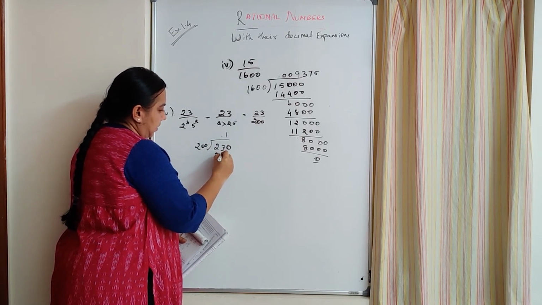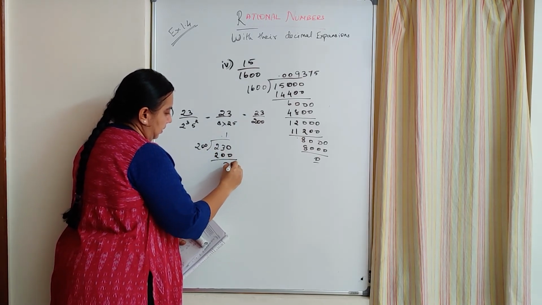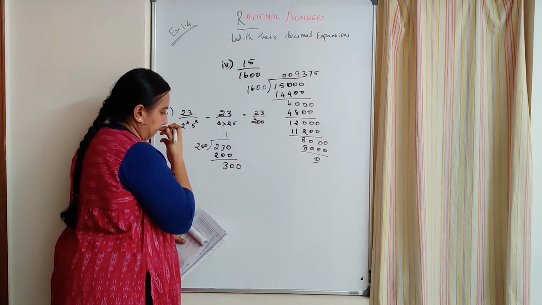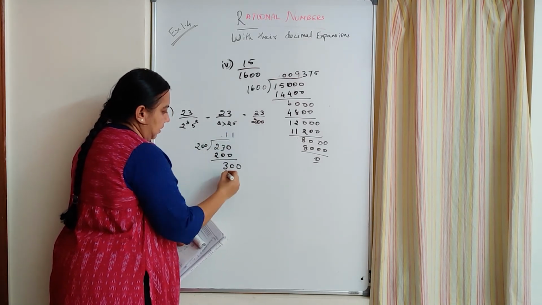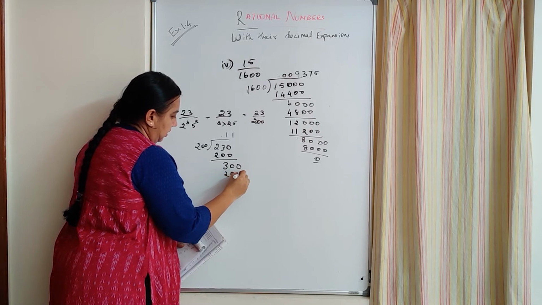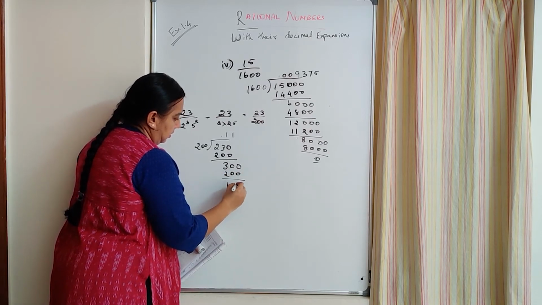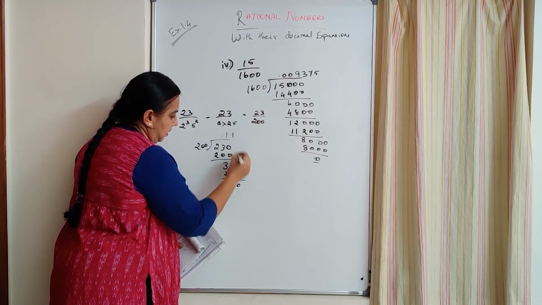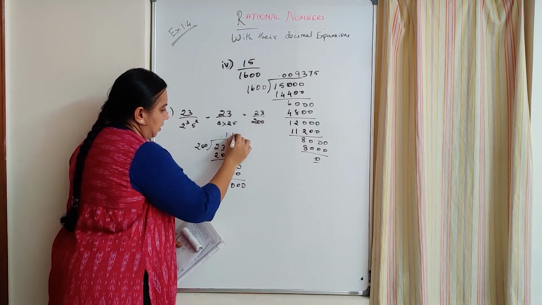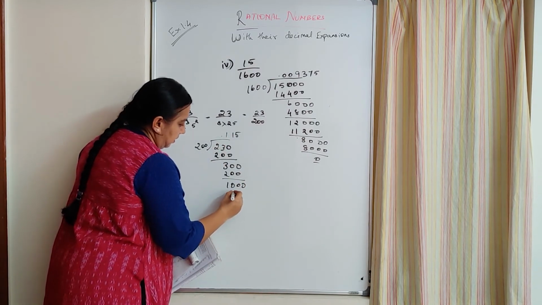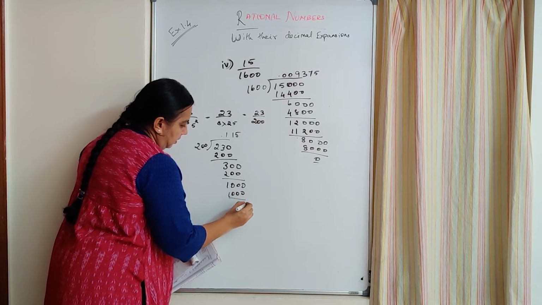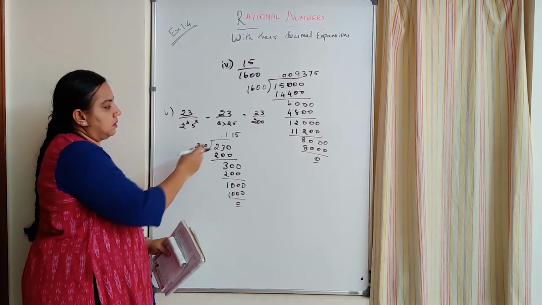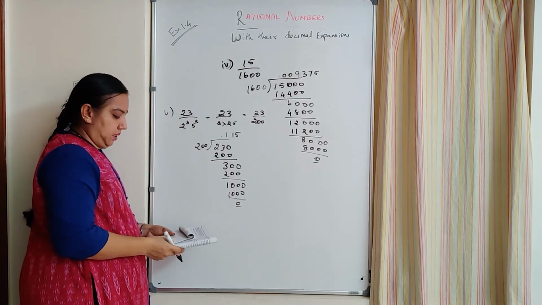One time 200, and I bring 1 0 down, one time again 200, and 0, it comes with 5 times. That's it. So again it's a terminating decimal.